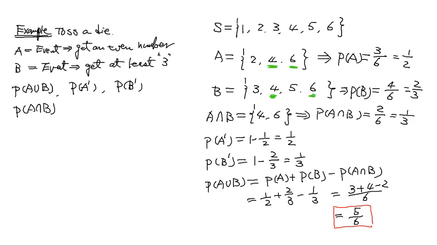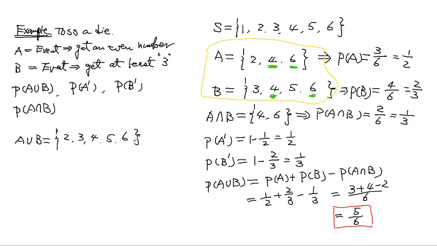Now if you don't believe me, we can just manually do that to see what we have. A union B, remember we talked about, is when you combine these two here. When you combine these two, you will have 2, 3, 4, 5, 6.